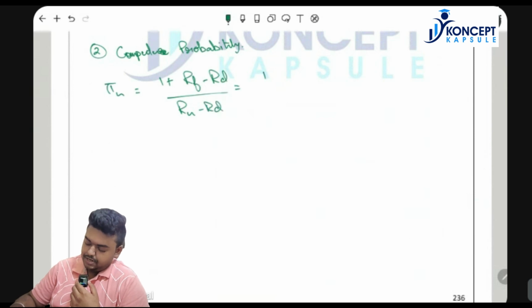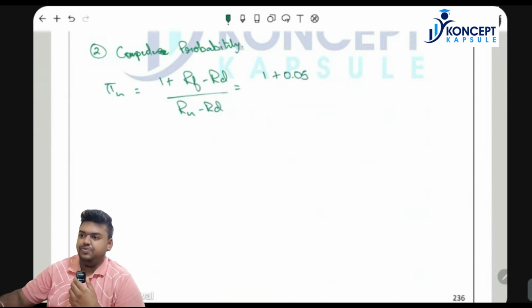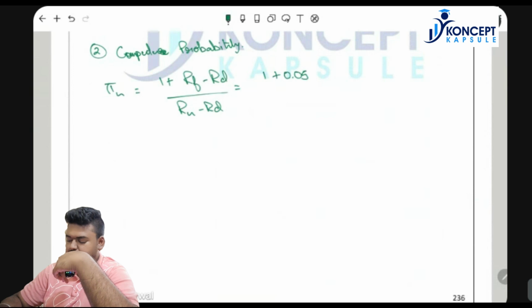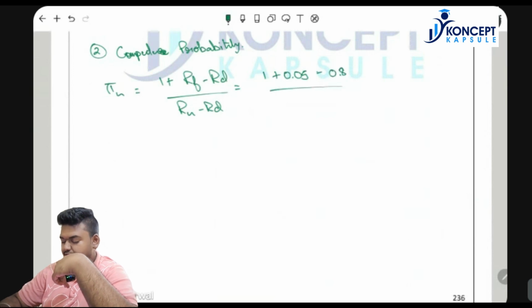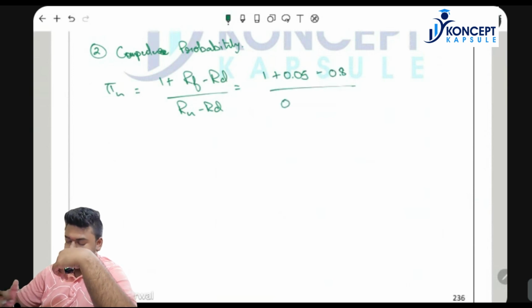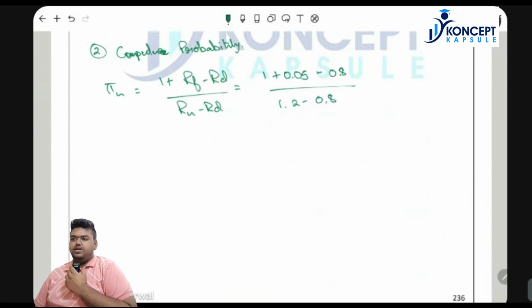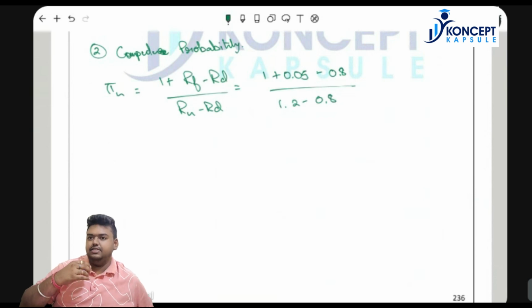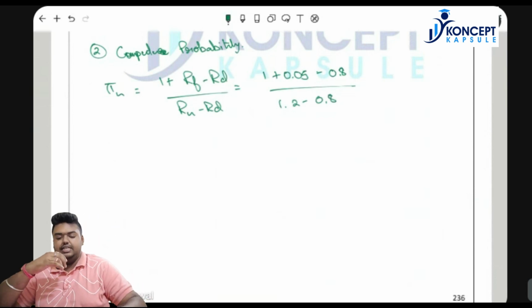What is this? 1 plus 0.05, since it was 5%, minus 0.8, divided by 1.2 minus 0.8. Yes or no, guys? 1 plus RF. What is RF? RF is the risk-free rate. It is given in the question and it will always be given in the question. So you guys don't need to worry about it.